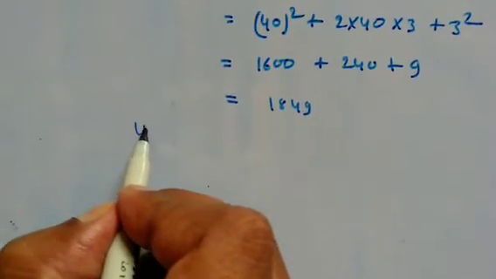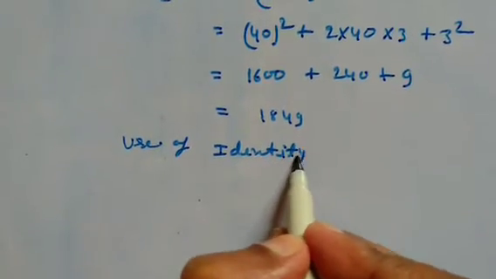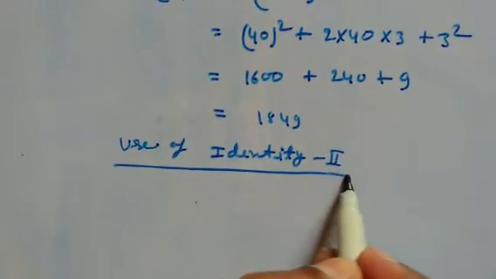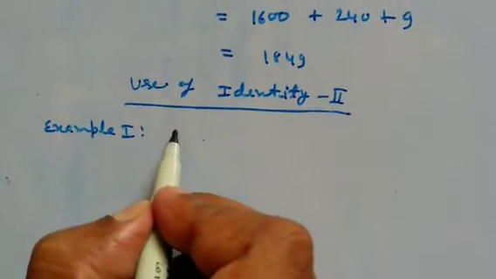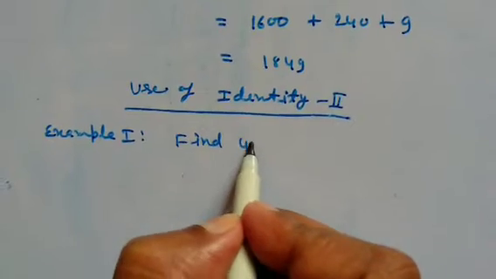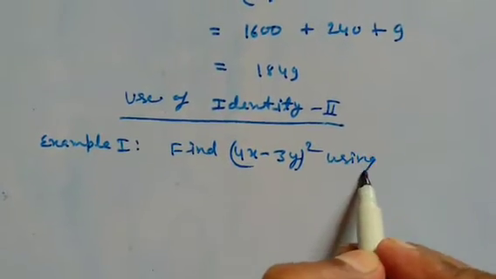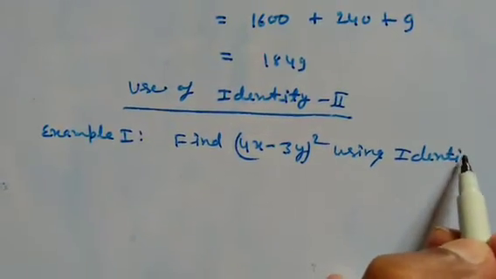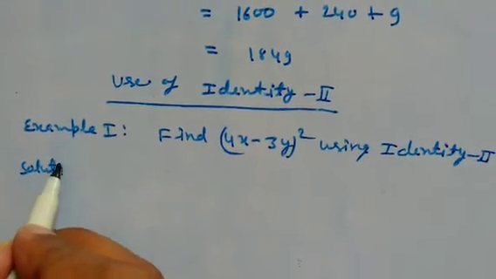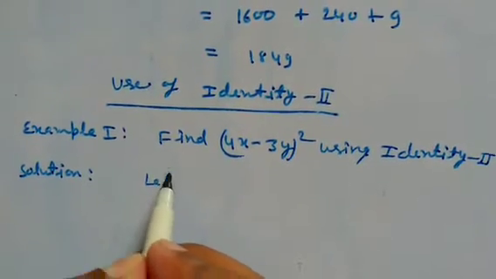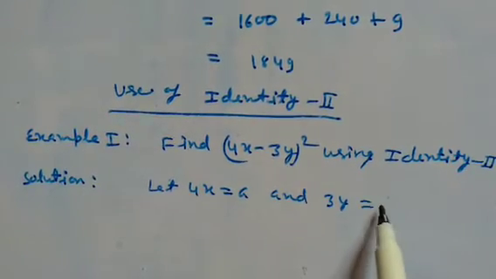Now use of identity 2. Example 1. Find (4x minus 3y) whole square using identity 2. Solution. Let 4x is equal to a and 3y is equal to b.